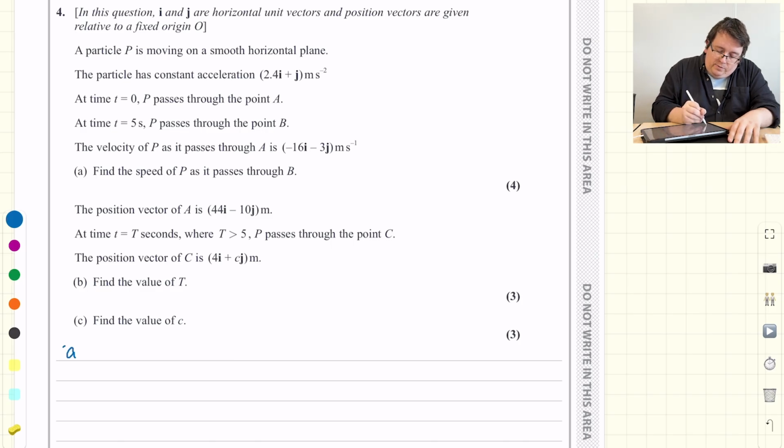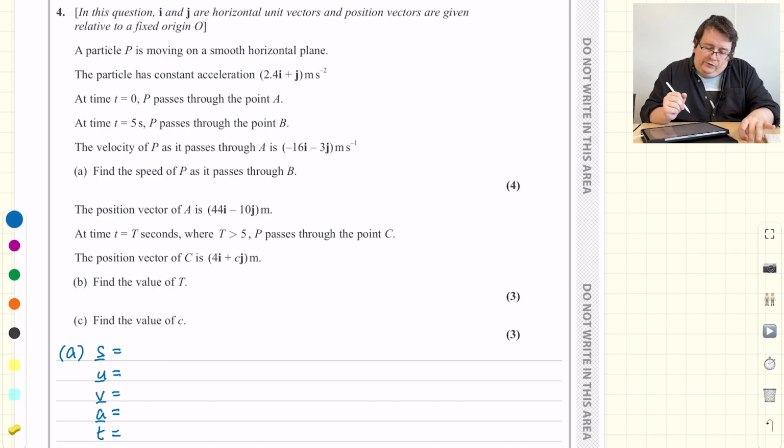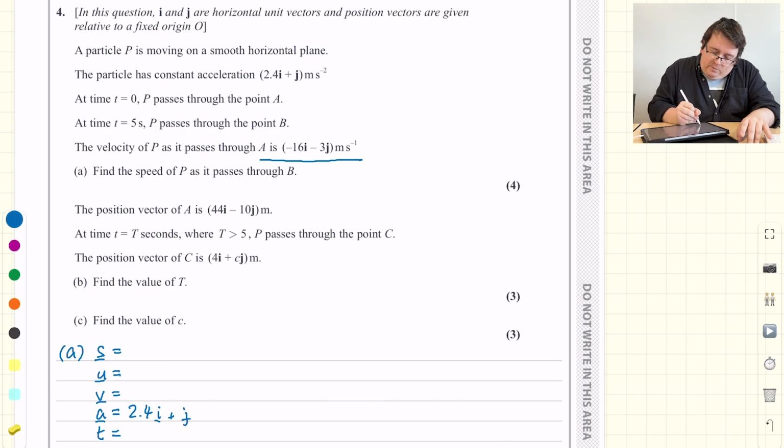Okay, so part A. S, U, V, A, T. So, constant acceleration, 2.4i plus j. We're told the initial velocity because that is when it's passing through A, and that's minus 16i take away 3j.